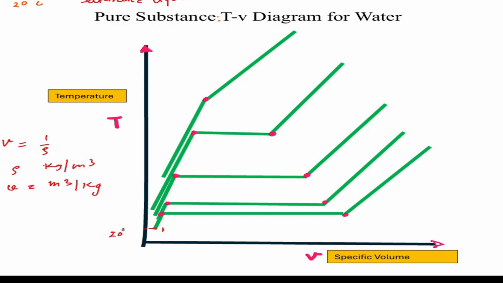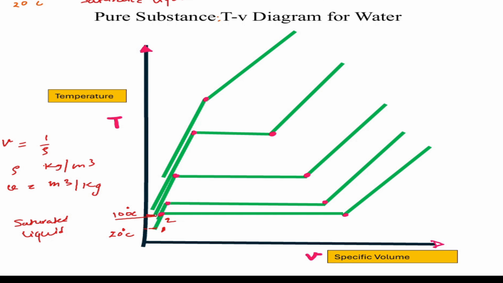When we heat, it becomes saturated. We reach here, this is state 2, the saturated liquid, and its corresponding temperature is 100 degrees centigrade.